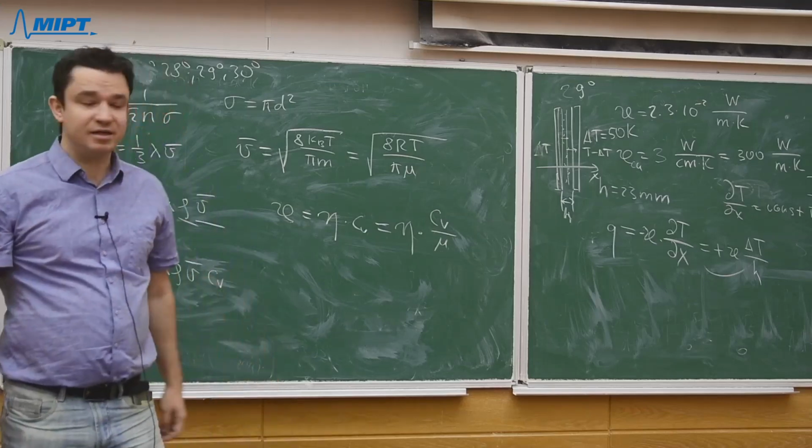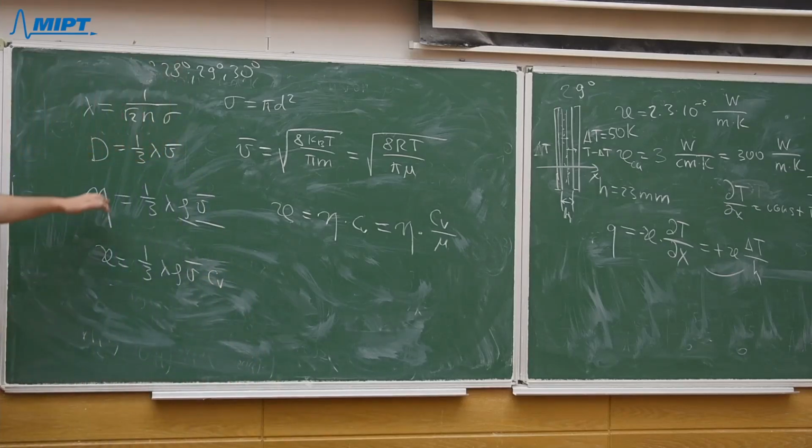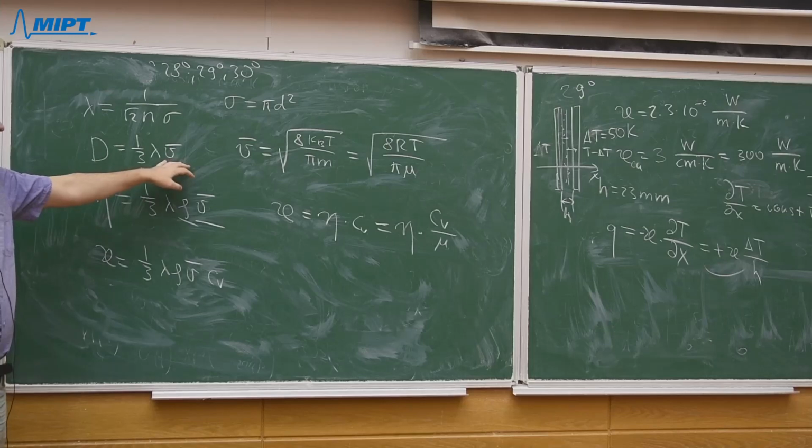Well, once again, we are given some problem which is related to diffusion. From the conditions of this problem, we can determine the diffusion coefficient, and we know this average thermal speed, that allows us to determine lambda.